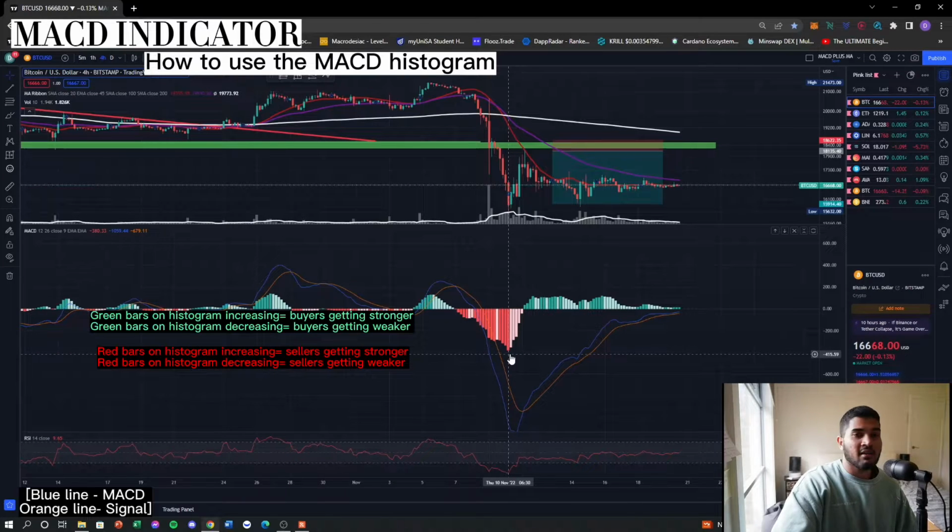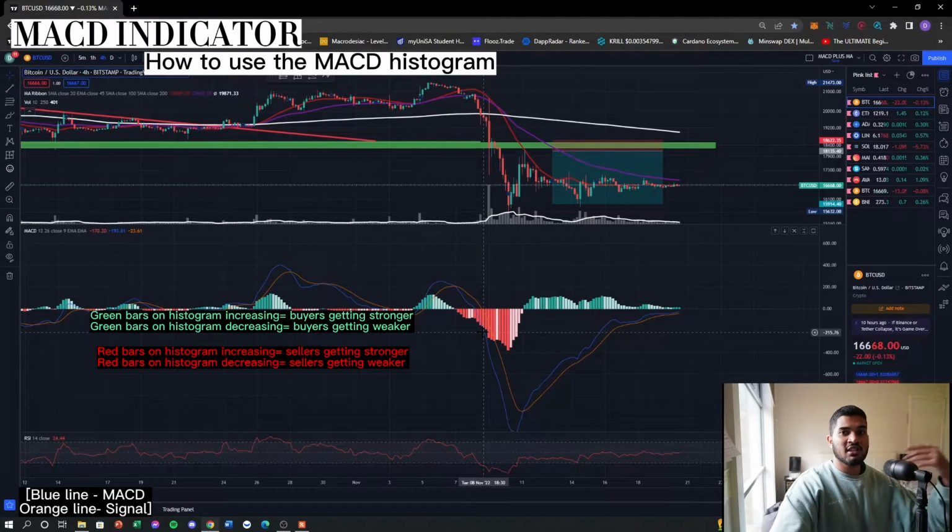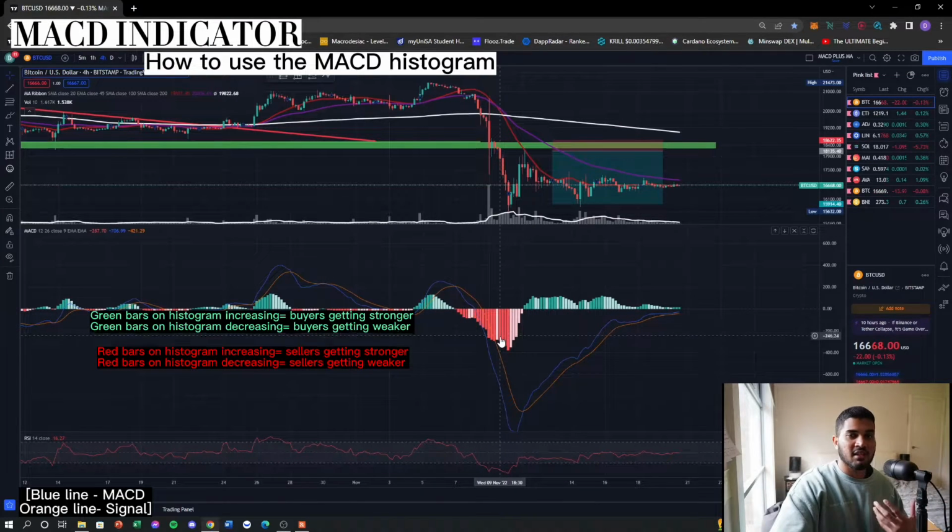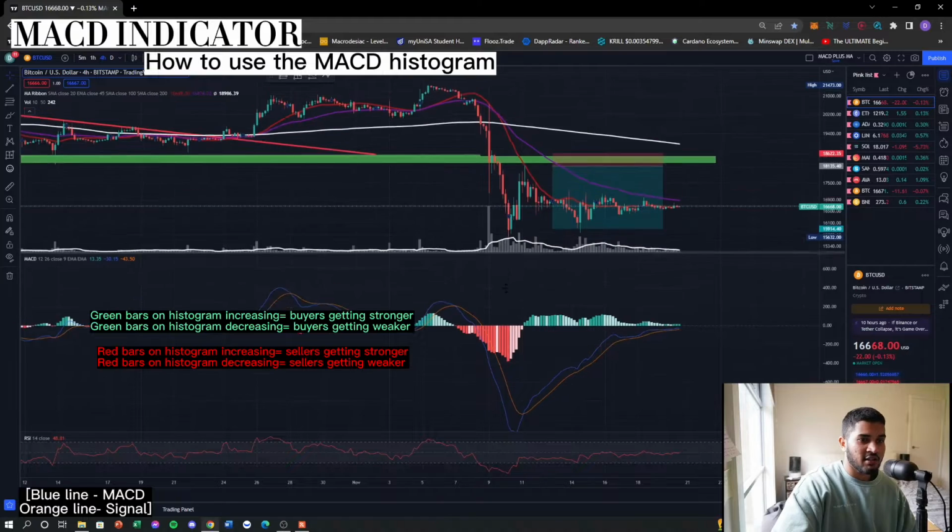That's one of the best things that the MACD can be used for as well, the histogram. It shows the power of the buyers or the sellers at that given point in time. So increasing green bars means buyers are becoming stronger, and increasing red bars means sellers are becoming stronger. On the flip side, decreasing green bars means buyers are becoming weaker, decreasing red bars means sellers are becoming weaker. So that's basically how you can use it.